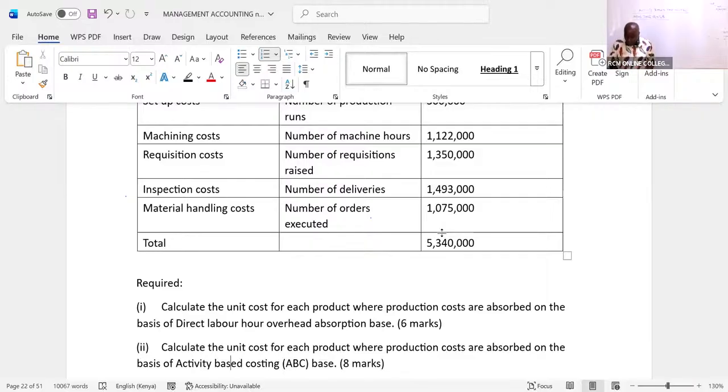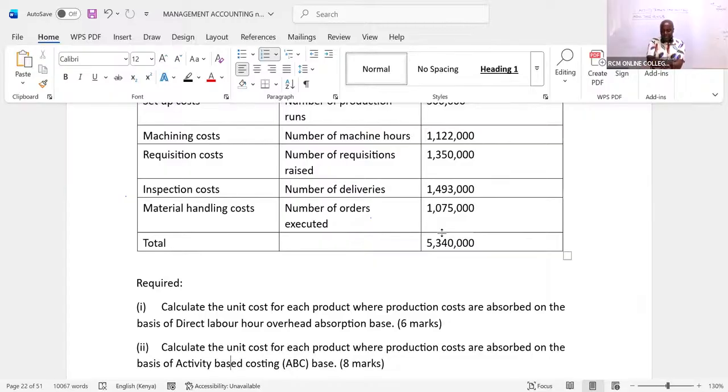And then number 2. First of all, before I go to number 2, when you read number 1, where they want us to calculate the unit cost for each product, where production costs are absorbed on the basis of direct labor hour overhead base, which method are they talking about here? Traditional method. Because traditional method is the only one which makes use of one factor.